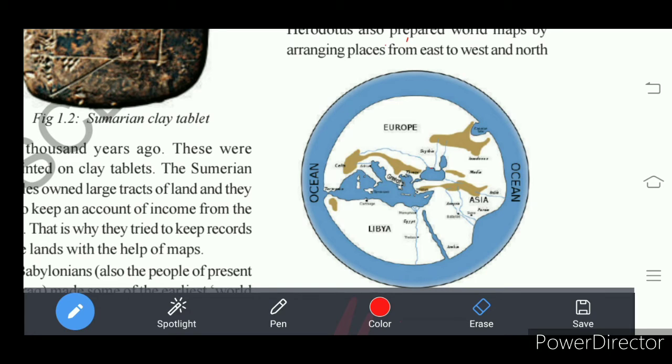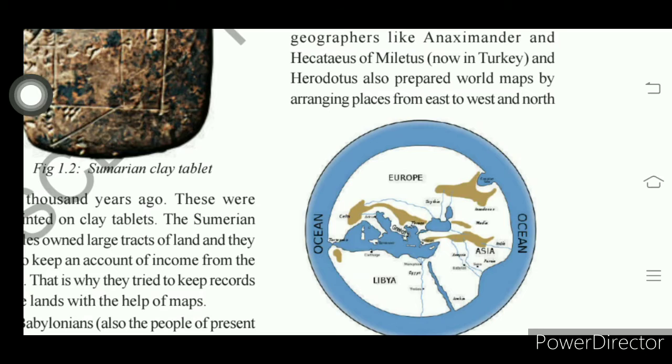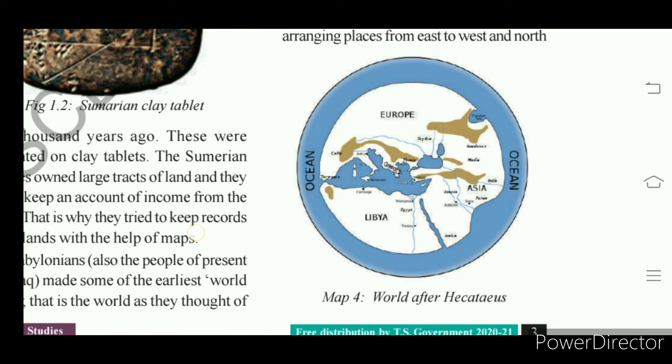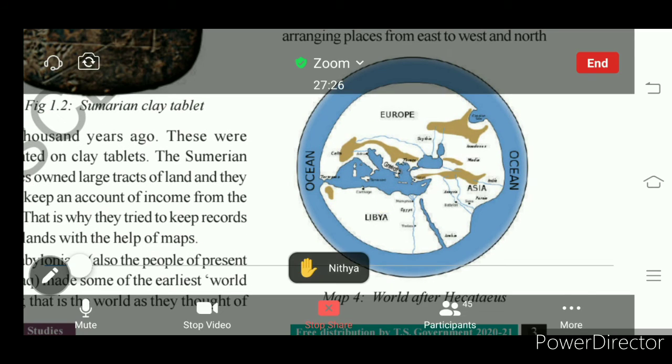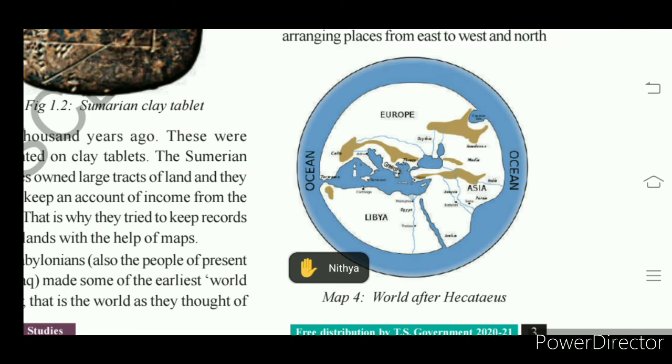Sailors who traveled using these maps, which are prepared with the latitudes and longitudes, helped make the maps accurate by their personal experience. So the sailors' personal experience helped in making the maps very accurately.